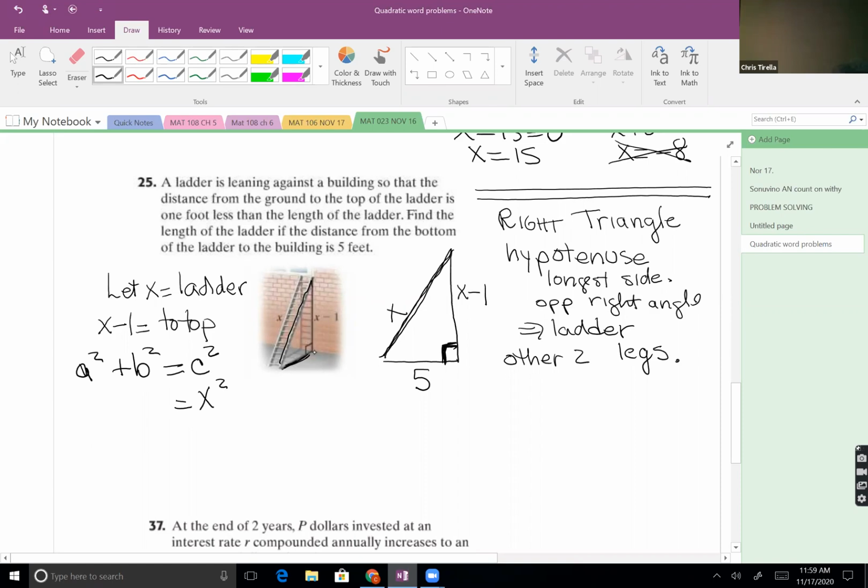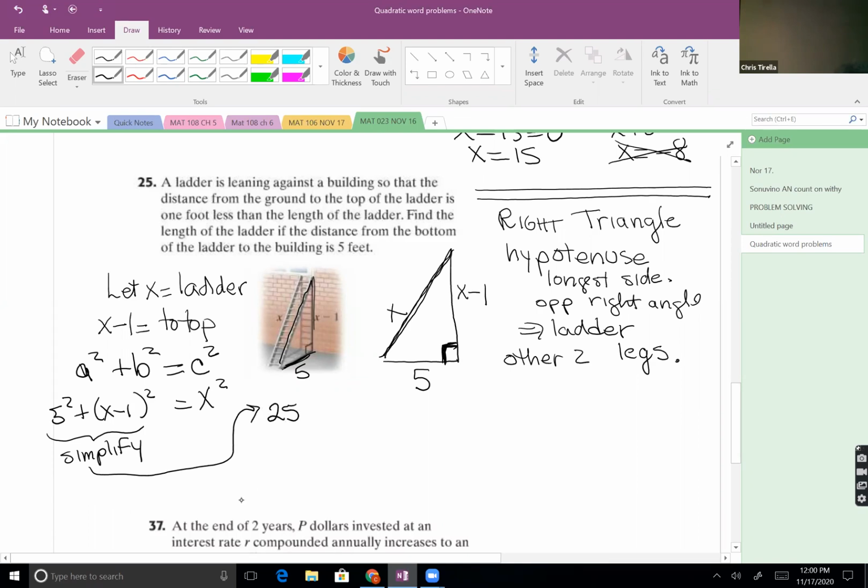The other two sides, the 5 and the x minus 1, are my legs. Over here, we have to simplify what's on the left.